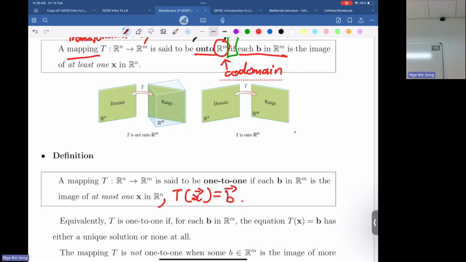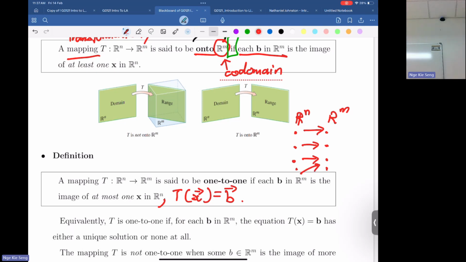A very intuitive picture is like this. Let's say this is your Rn, this is your Rm here. To say that it's one-to-one, for everything in Rm, there's at most one thing that maps to it.